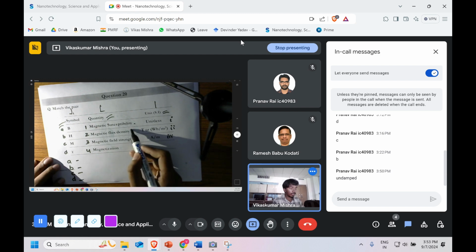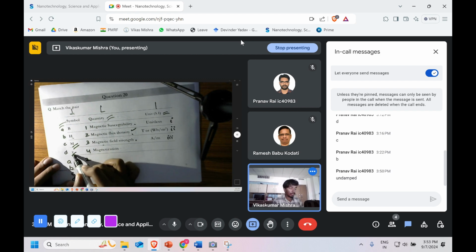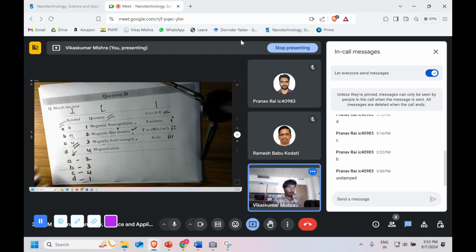So B, we are aware that B is the magnetic flux density, that is option 2. H, we are aware that it is the magnetic field strength, that is the externally applied strength, option 3. M is the magnetization, that is option number 4. And K is the magnetic susceptibility, that is option number 1.